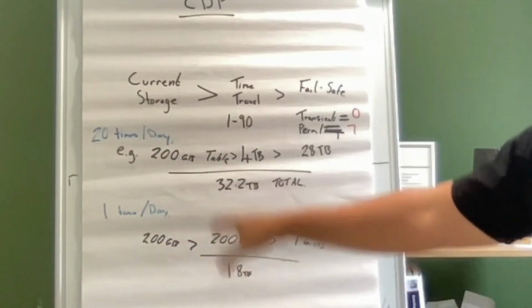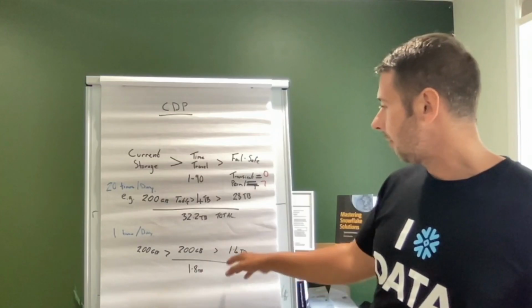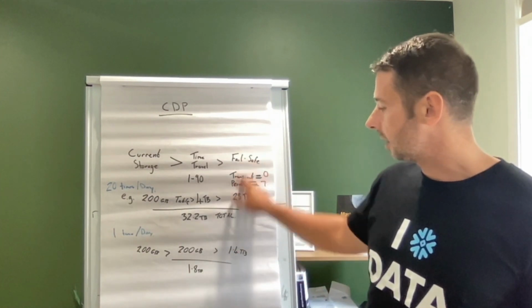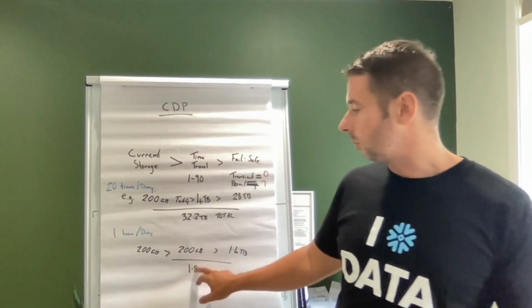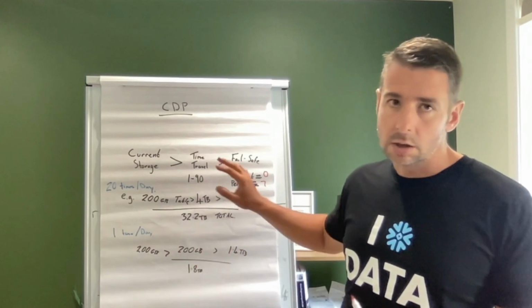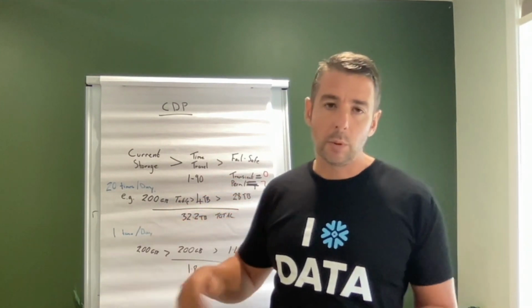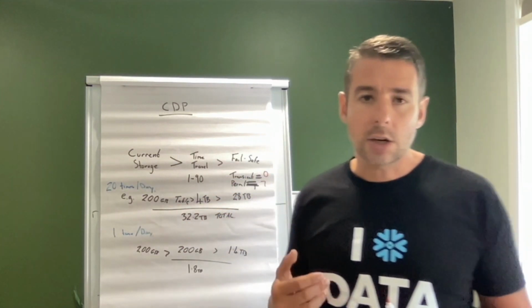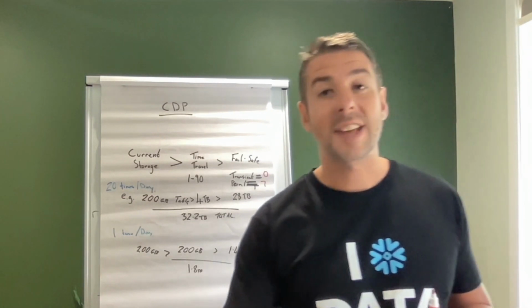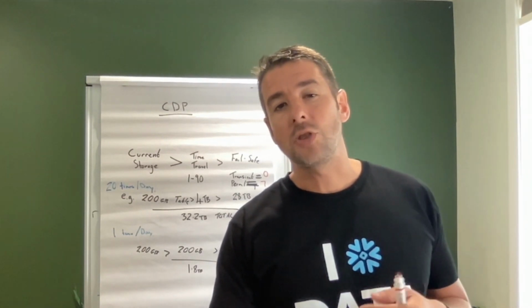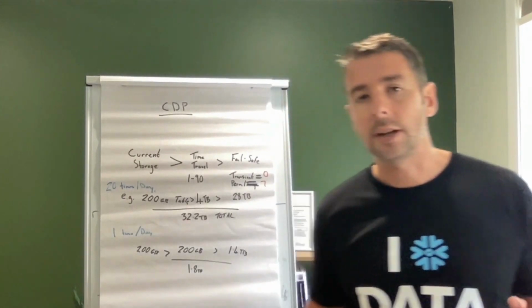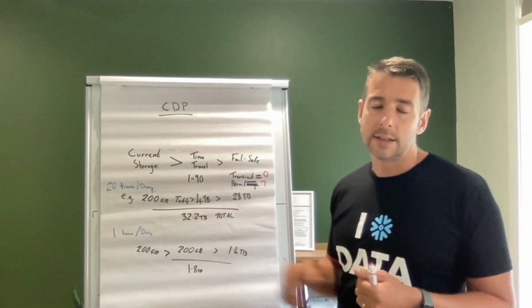That means we get 200 gigabytes going into time travel, and that means we end up with 1.4 terabytes in failsafe, which is a total of 1.8 terabytes. So quite significant. Just a high level, simple example, with different extremes to give you an indication of the impact on cost in some of those areas that you certainly should be considering if your Snowflake environment has these characteristics.